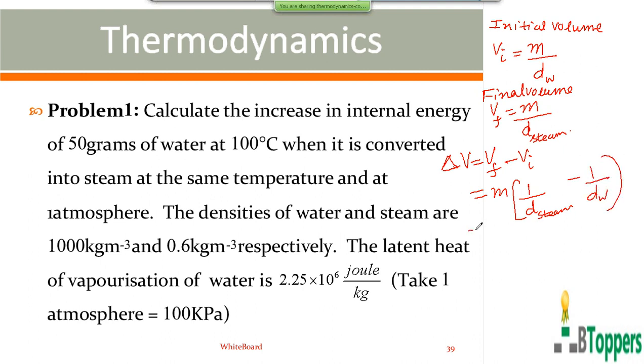So the mass M is 50 grams. Let us put it in SI units: 50 into 10 power minus 3 kg. The density of steam is 0.6 kg per cubic meter. The density of water is given as 1000 kg per cubic meter.